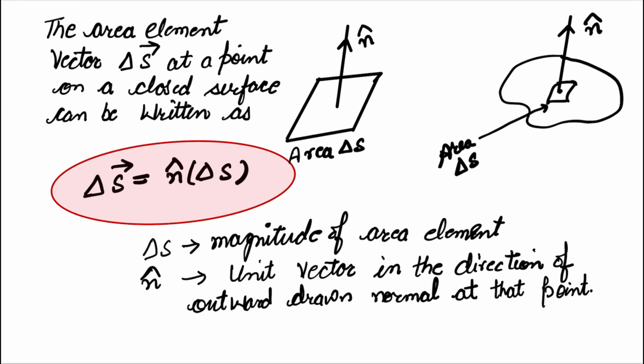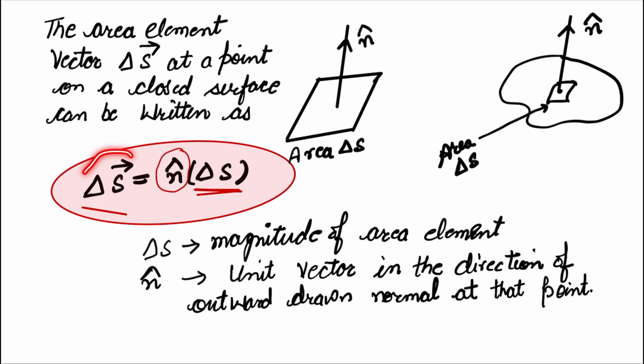So these are two different shapes in which we have calculated the area vector. Area vector will be the magnitude of the area, that is delta S, multiplied with n cap. N cap is the unit vector which is perpendicular to the area. So in that case, this is the area delta S, and n cap is perpendicular to it.